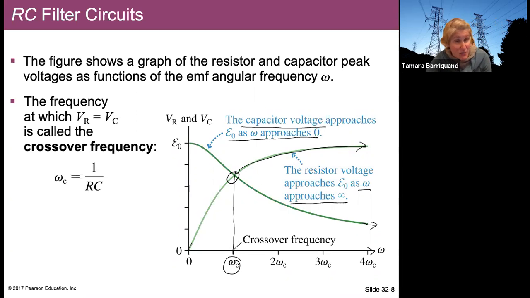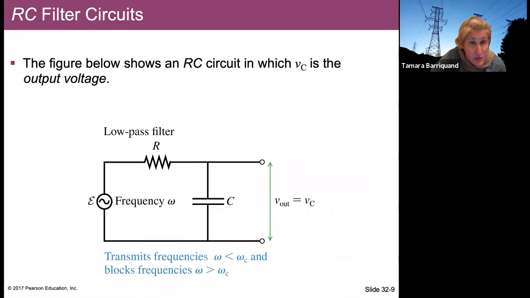And this frequency is important because when we have these circuits, we can design them in such a way that that frequency will be our limiting frequency. So let's see how we can do that. In this figure, we have an RC circuit in which, the way we have this set up right here, our output voltage is going to be equal to VC. It's going to be the voltage across the capacitor.